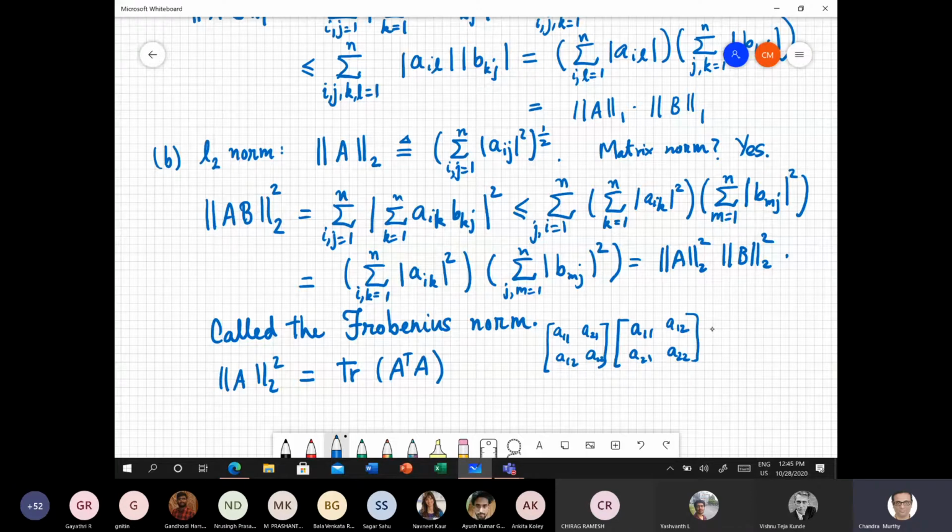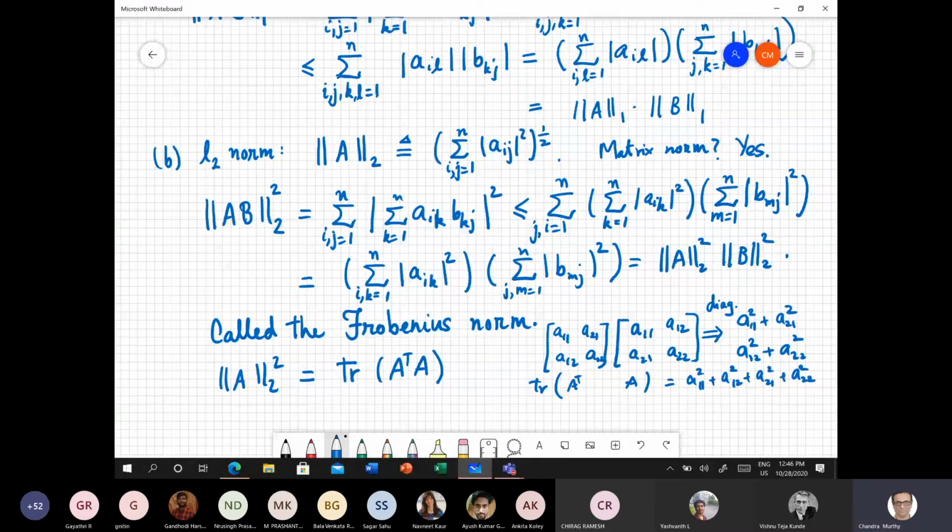The second diagonal entry will be A12 squared plus A22 squared. And so if I take the trace of this matrix, this is A transpose A, it is equal to A11 squared plus A12 squared plus A21 squared plus A22 squared. And so it is exactly this Frobenius norm as we defined it here. So this is one useful formula.